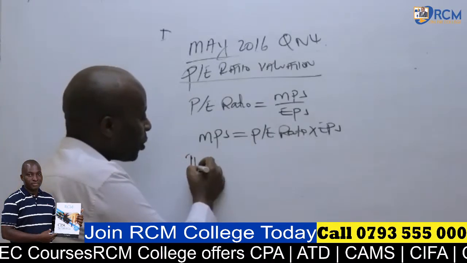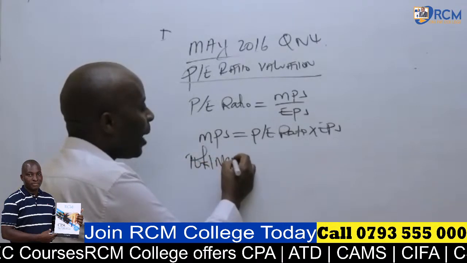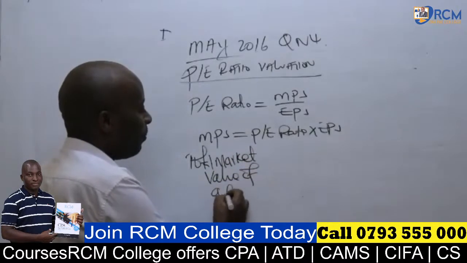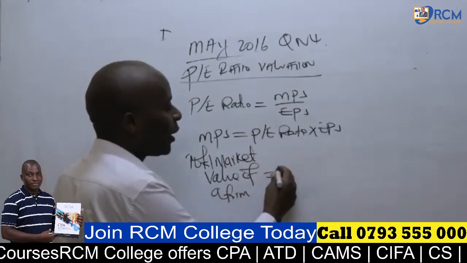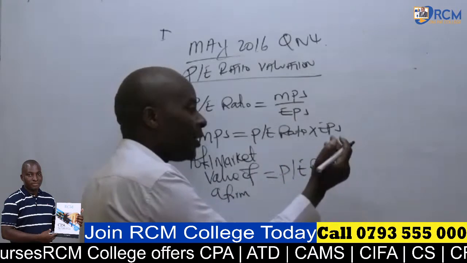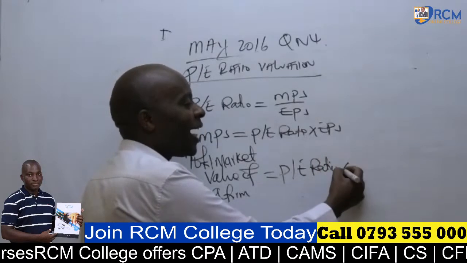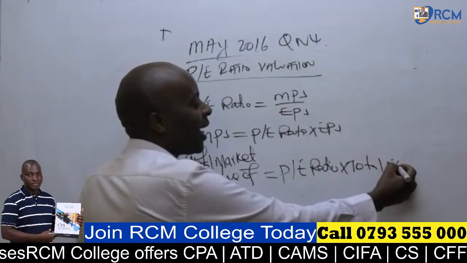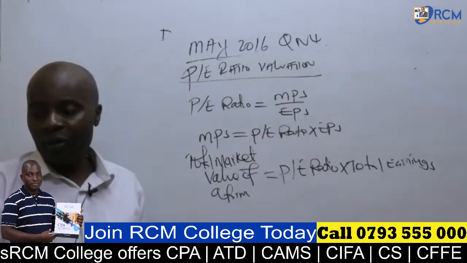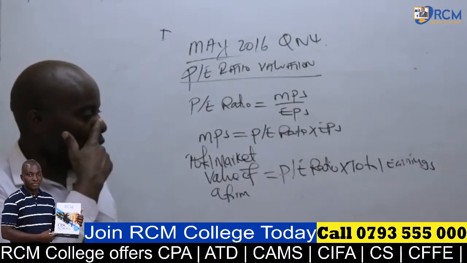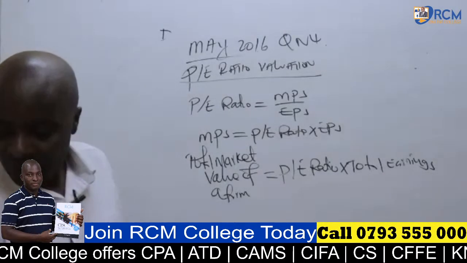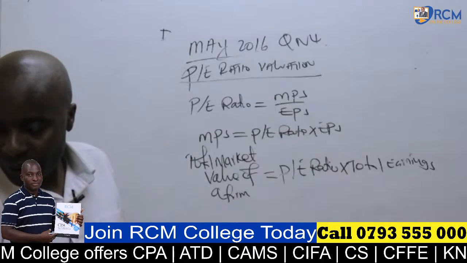They want the total market value of a firm. So then this one will be equal to PE ratio times total earnings. Why?